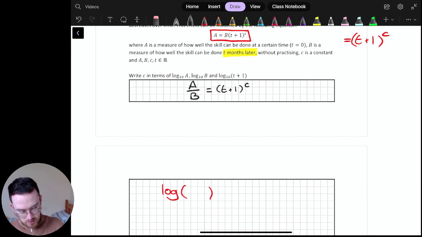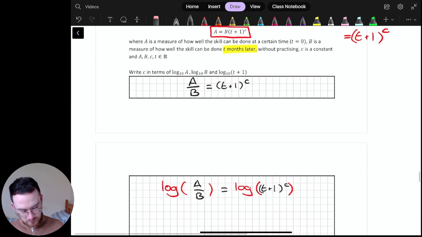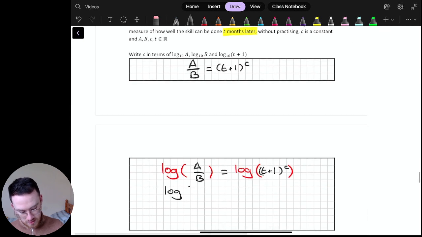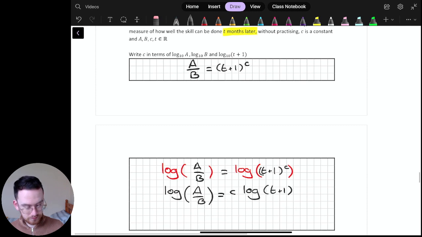Okay, so let me just set that up for myself first. I'm trying to use a different color again, just to make it as clear as possible. So A over B equals (T plus 1) to the power of C. My next line, keep this the same, A over B, no problem, C log (T plus 1).